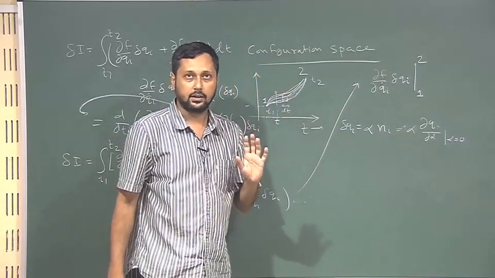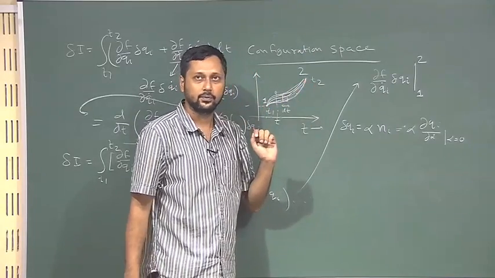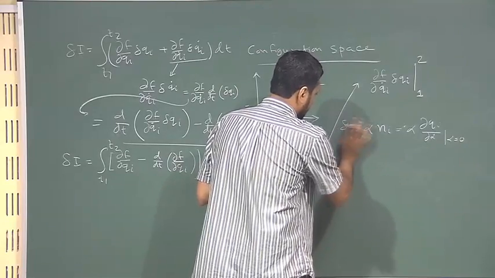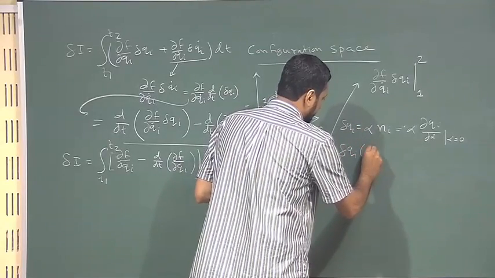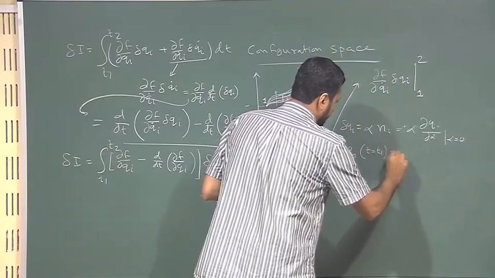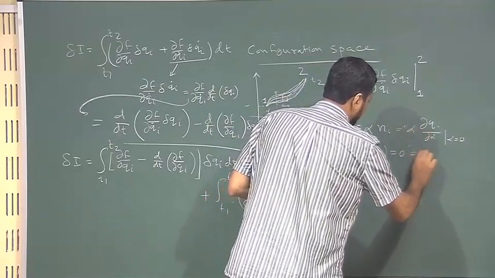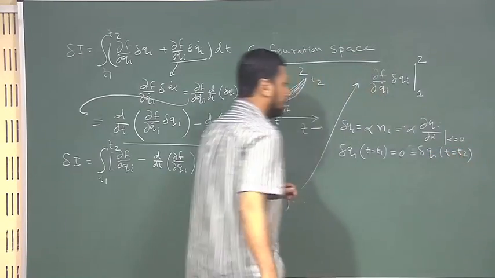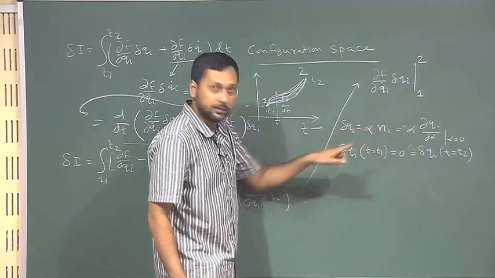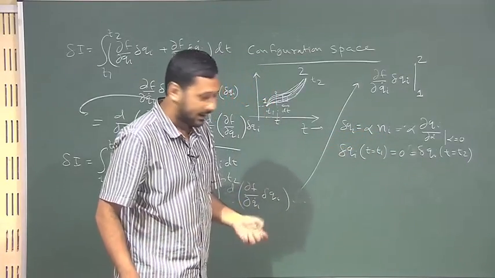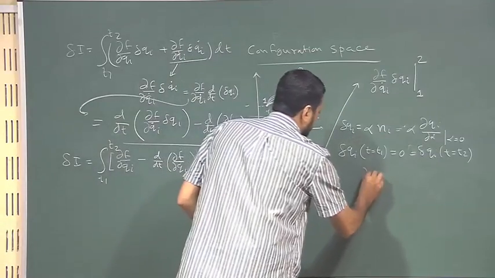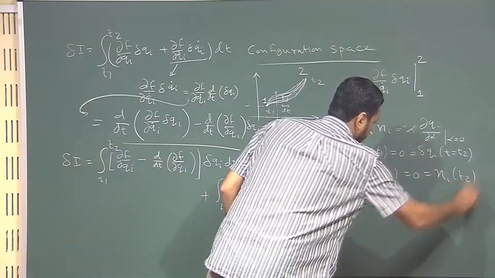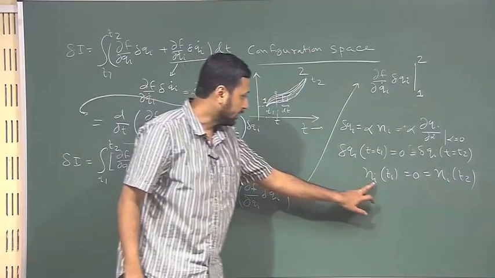Now, there is no variation of the starting and the end points. That means delta q I at t equal to t1 is equal to 0, as is delta q I at t equal to t2. This is equivalent to saying eta I at t1 and eta I at t2 are equal to 0 for all values of I.